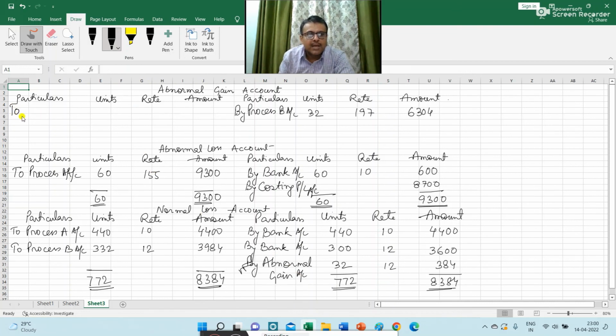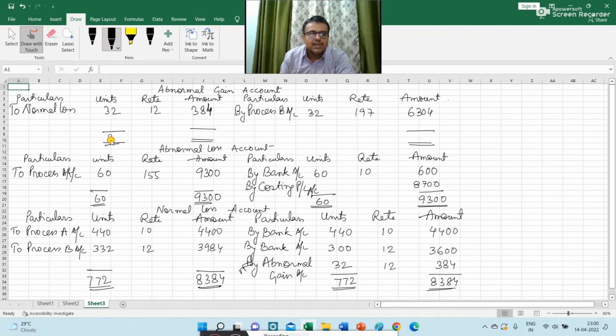So here I am writing in abnormal gain account to normal loss 32 units, 12, 384. So the balancing figure in abnormal gain account will be transferred to costing PL.